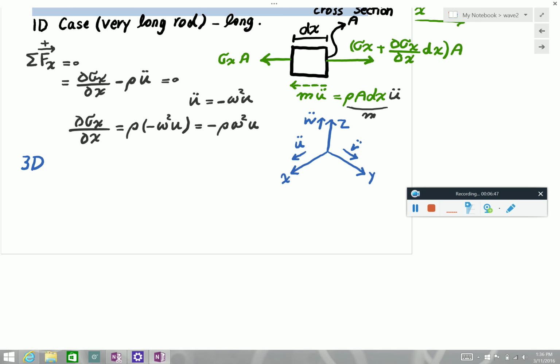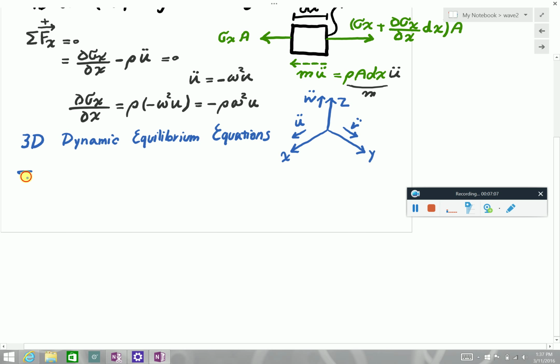And so the dynamic equilibrium equations will be three, because along x we can write the summation of forces, but we can also write it along the y direction, and we can also write it along the z direction.